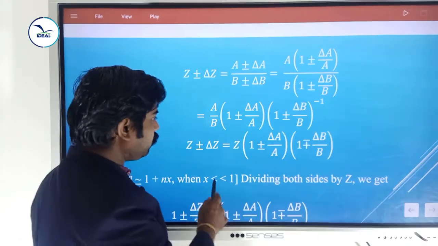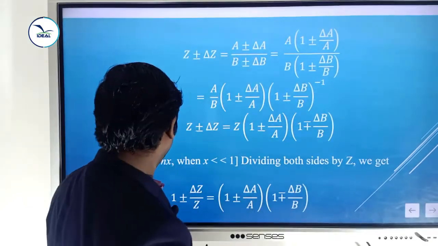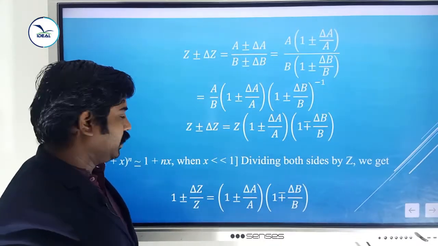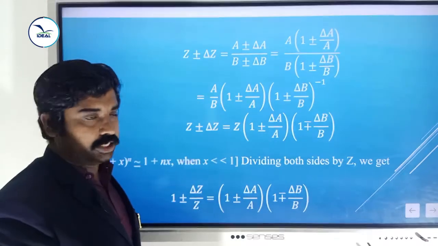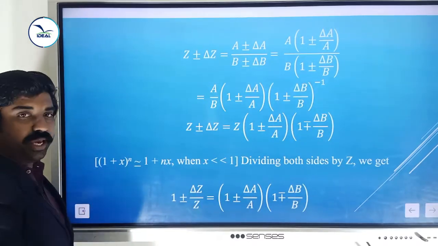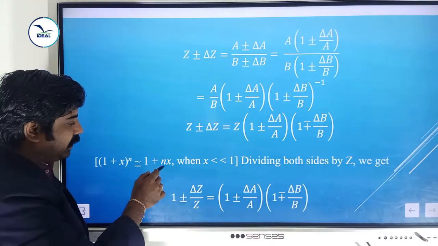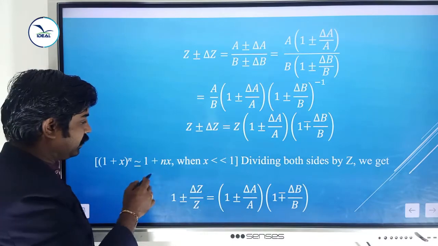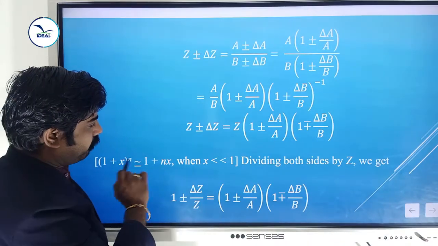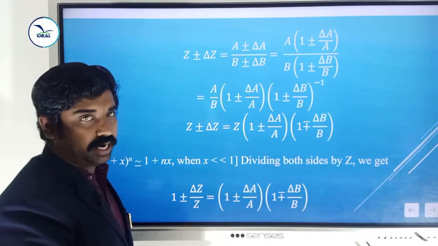Then by using a theorem called the binomial approximation, if an equation is of the form 1 plus x raised to n, then we can change that to approximately 1 plus nx, if x is very much less than 1.